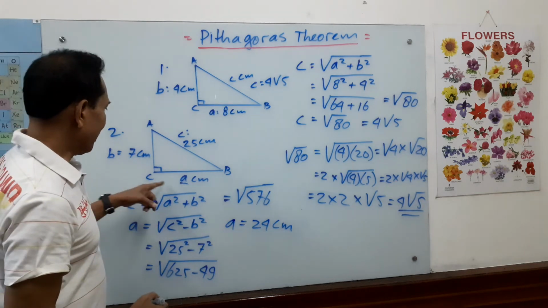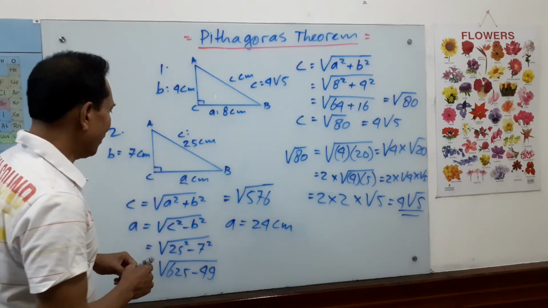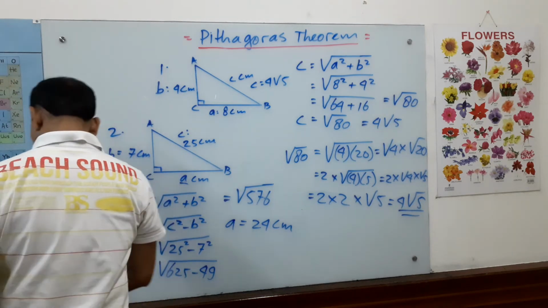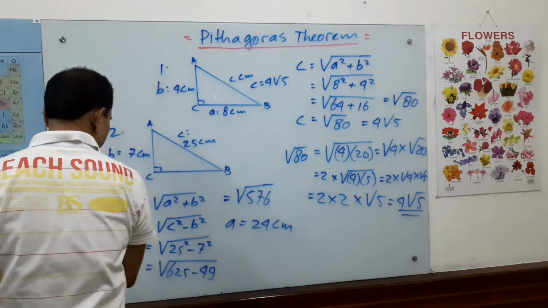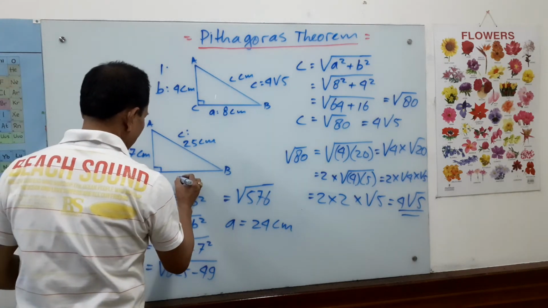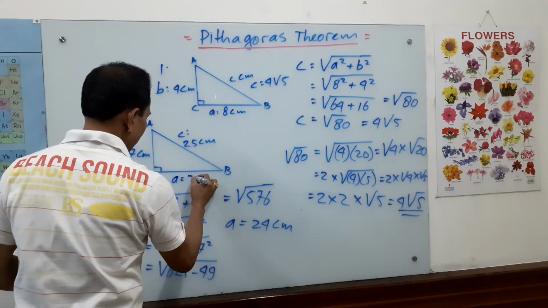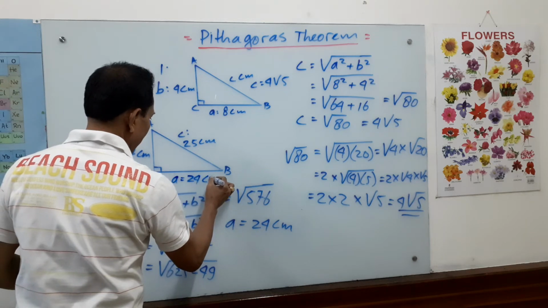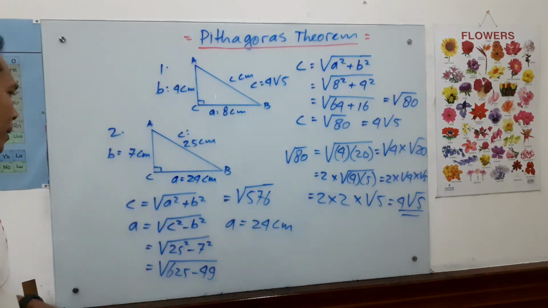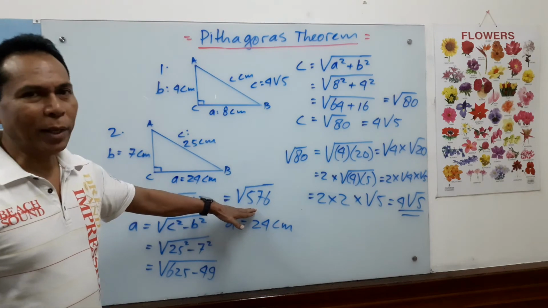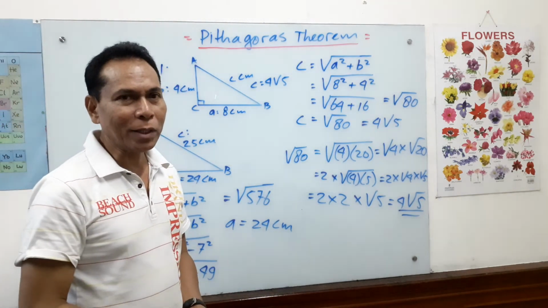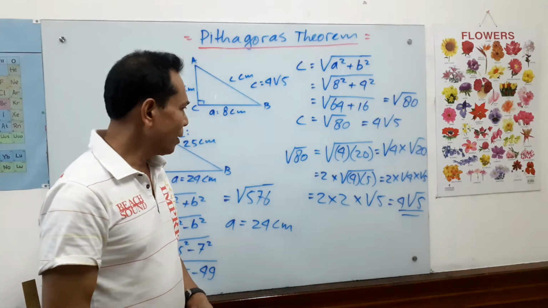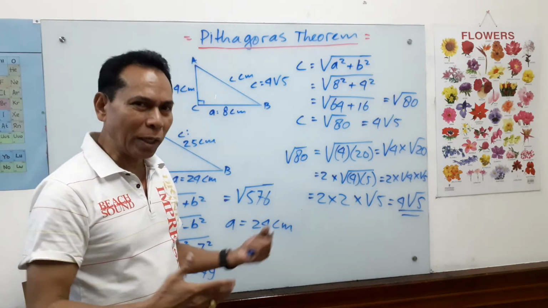So this side here is 24 cm. So we put here A equals 24 cm. All right. We can work this out manually. We have been doing this all the time. Before, you remember when we work with square root, with radicals, we work on square root 2000 something.